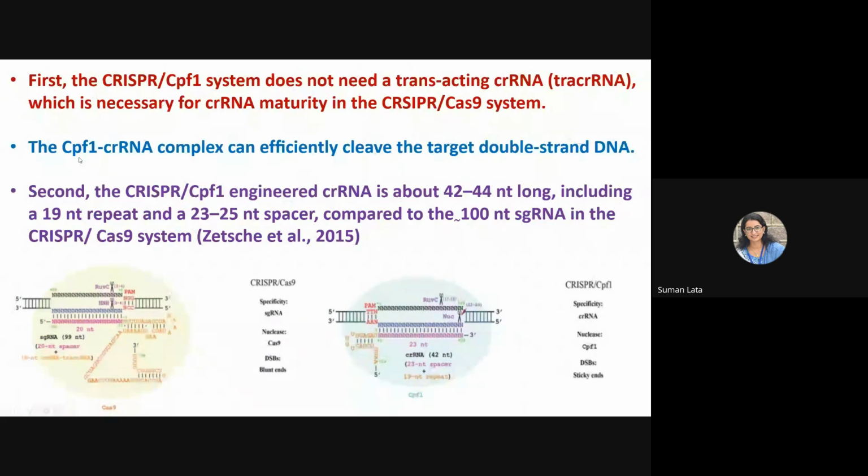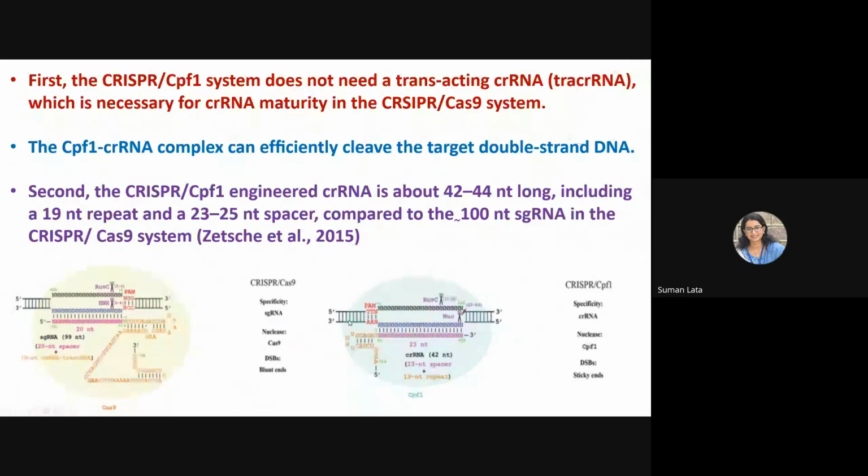And the CPF1 CRISPR RNA can efficiently cleave the target double-stranded DNA. So the engineered CRISPR CPF1 is about 42 to 44 nucleotides long, which includes the 19 nucleotide repeat sequence and a 23 to 25 nucleotide spacer, compared to the 100 nucleotide sgRNA in the Cas9 system.